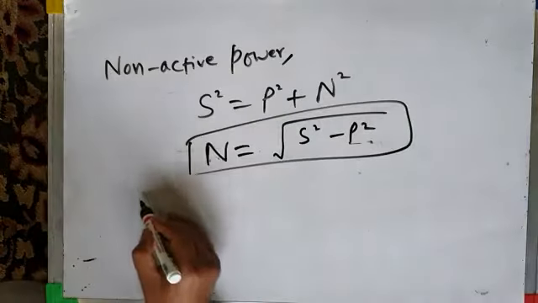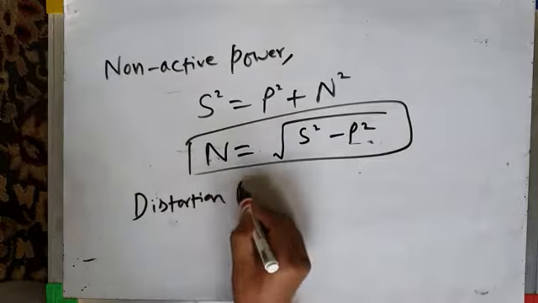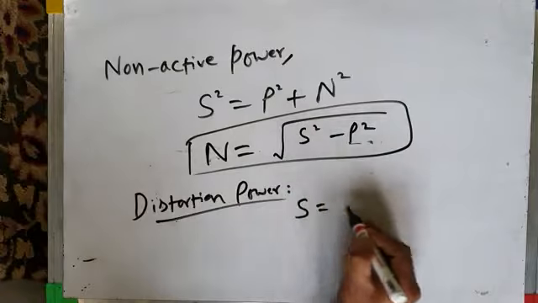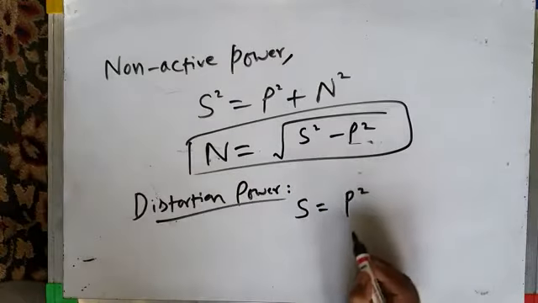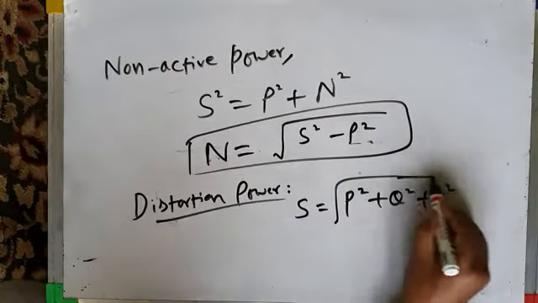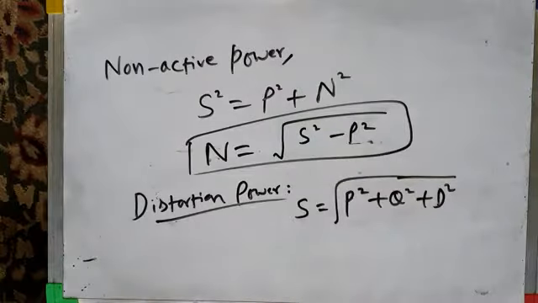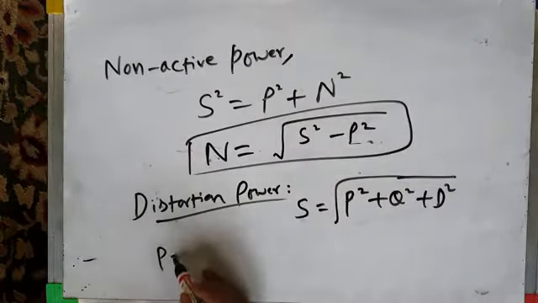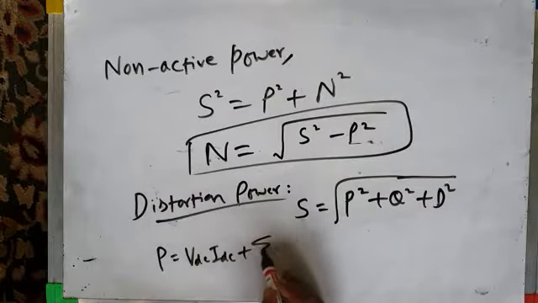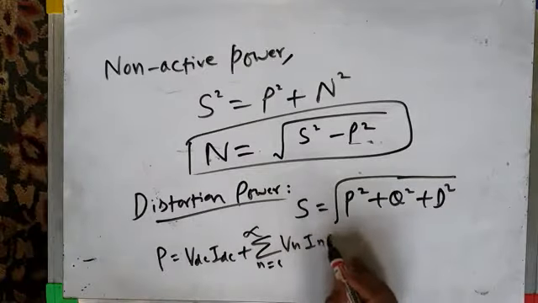Similarly, there is one last term that you have to remember, that is called distortion power. Look, this apparent power is again given by under root of P square plus Q square plus D square. So in your apparent power there will be active power and reactive power. Now you already know what this active power is; I am again reproducing it: VDC IDC plus summation n equal to 1 to infinity Vn In cos phi n.